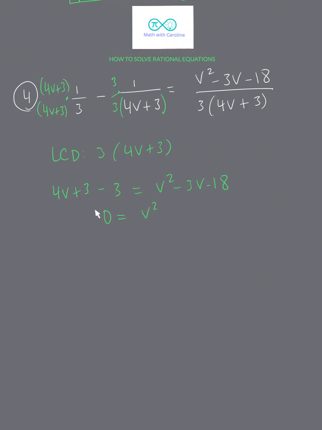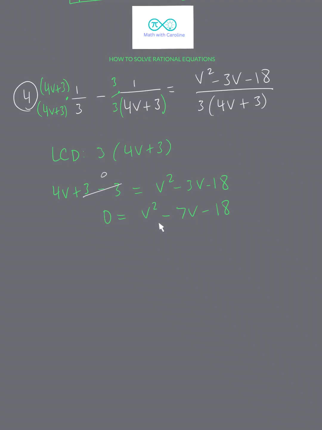So I'm going to subtract 4v on both sides, and this 3 minus 3 right here is just 0, so I'm not even going to have to do anything with that. So I'll have minus 7v, and then I have my minus 18. Now I'm ready to solve a quadratic equation since it's set equal to 0.